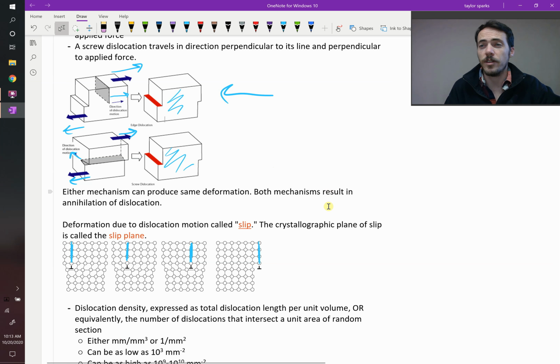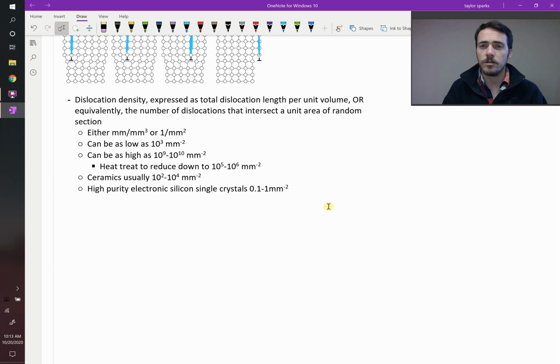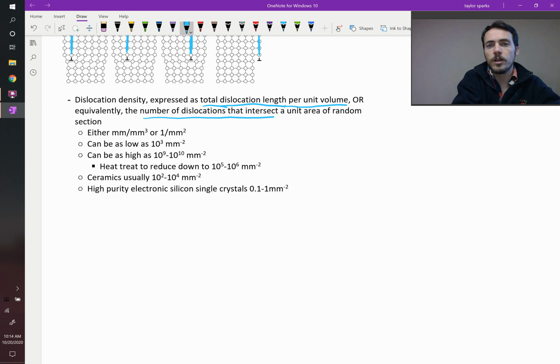Something that's important to note is dislocation density, or the total number of dislocations, right, in a material. We usually calculate this by figuring out the dislocation length, the total length, per unit volume, or equivalently, you could say the number, not the length, but the number of dislocations per unit area in some random section.